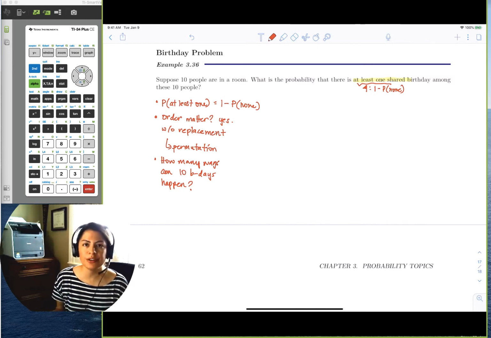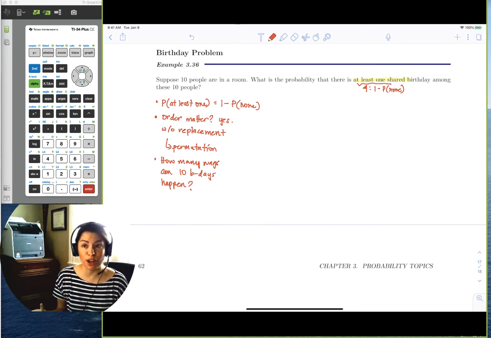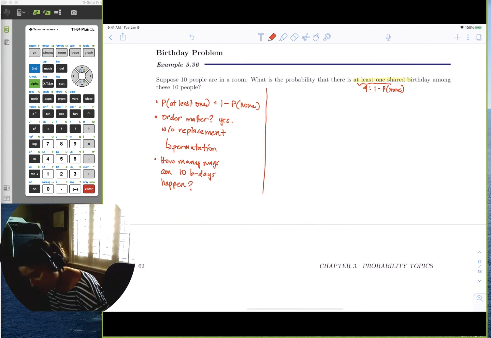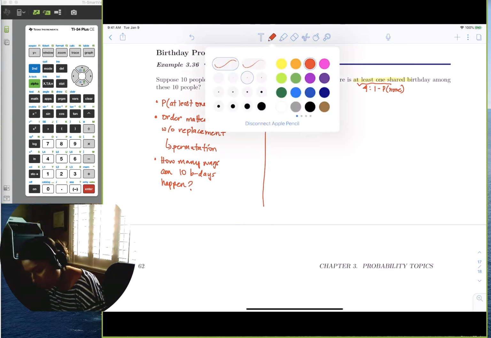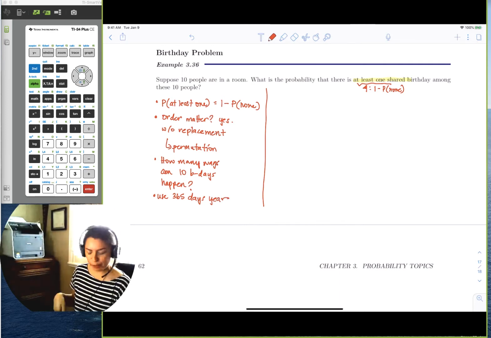We'll use a standard 365 days. How many 10-birthday combinations can I have? Probably a lot, right? Okay, so these are the pieces that I need. We use 365 days in the year. Let's write that down so we don't forget. We're not using leap year.